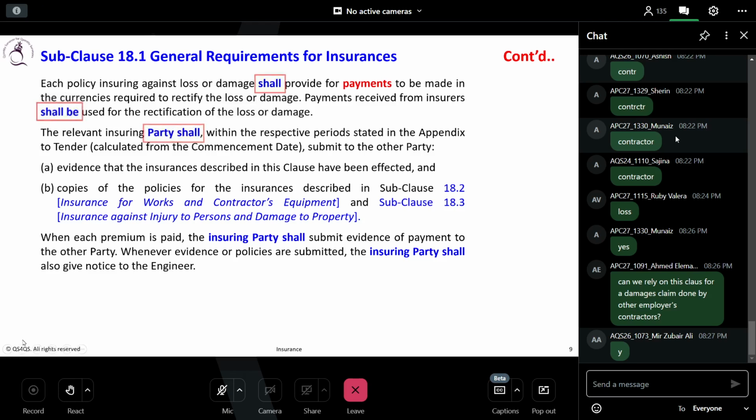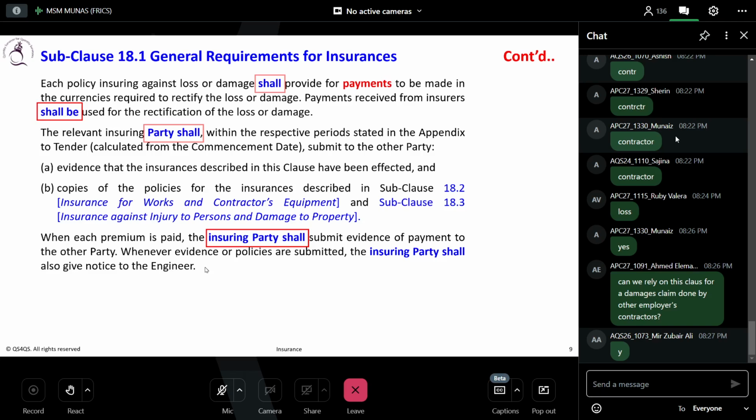Second, copies of the policies for the insurance described in subclause 18.2, insurance for the works and the contractor's equipment, and subclause 18.3, insurance against injury to the person and damage to the property. We will learn that particular subclause. So what it says is, you have to give the proof.